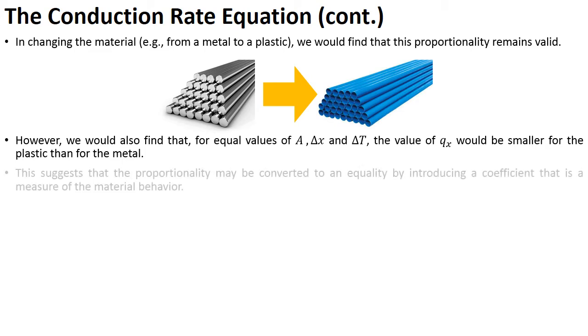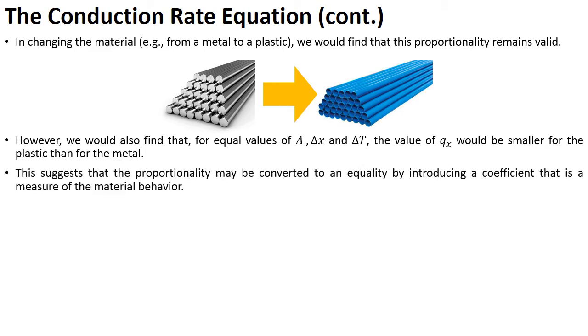It means there is some property which is influencing the heat transfer rate. So we can convert the proportionality into an equality by introducing a coefficient that is a measure of the material behavior, and we will find that Qx is equal to kA delta T over delta x.